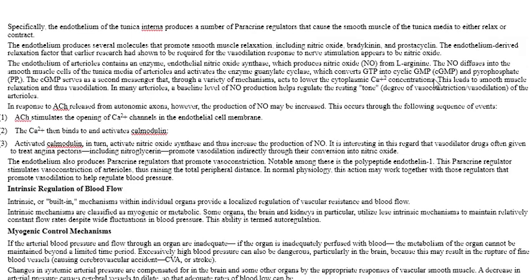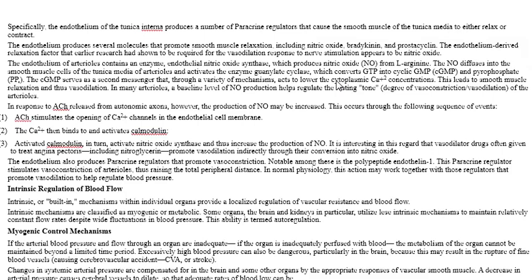The NO diffuses into the smooth muscle cell of the tunica media of arterioles and activates an enzyme, and this converts GTP into cyclic GMP and pyrophosphate.